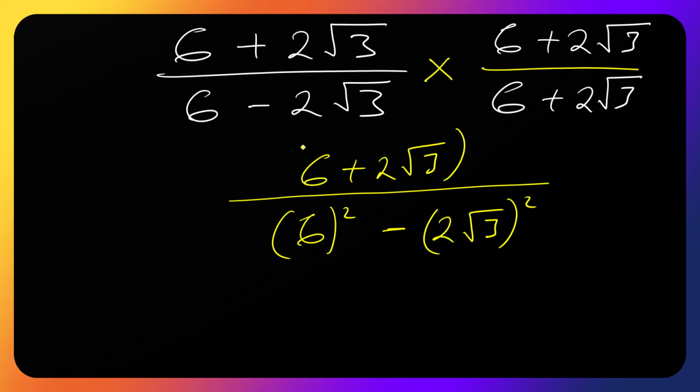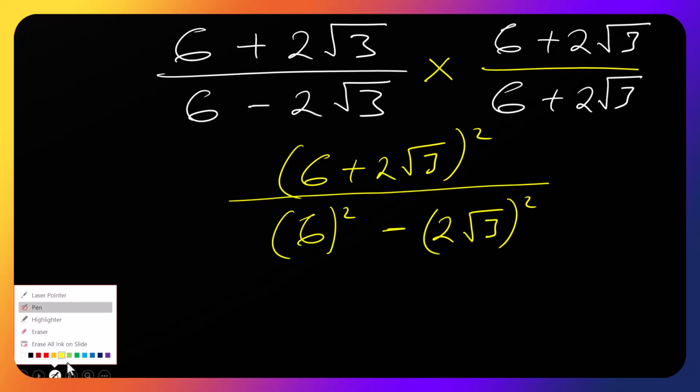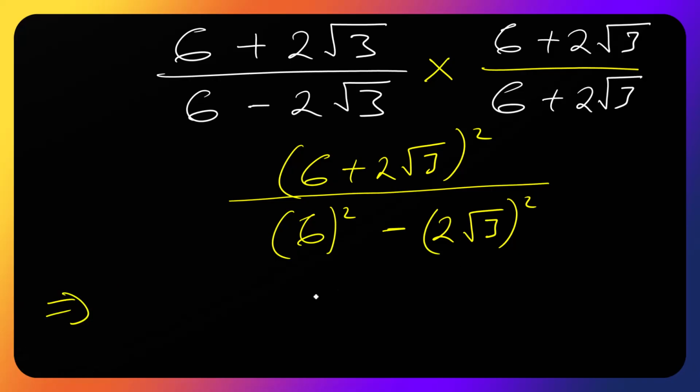2 root 3 all squared. All right, so from here, since the denominator is very simple, this side is 36 minus, so when I square this, it will be 2 squared 4, and this one squared, remove the root sign, so 3, so 4 times 3, 12.